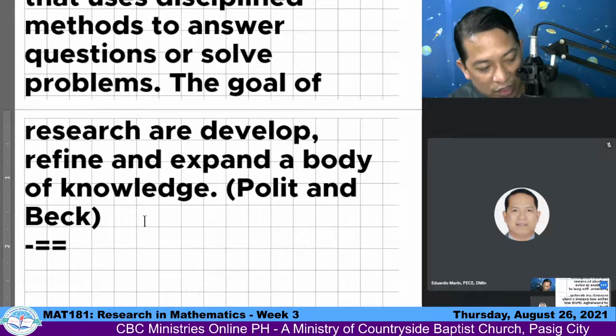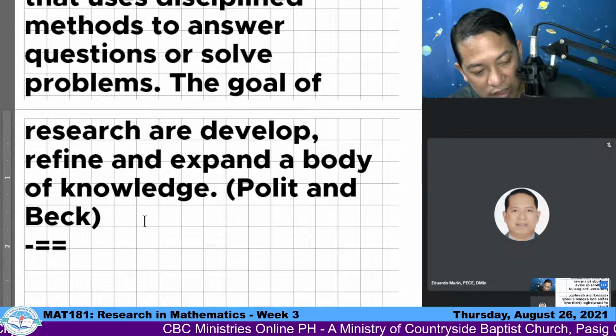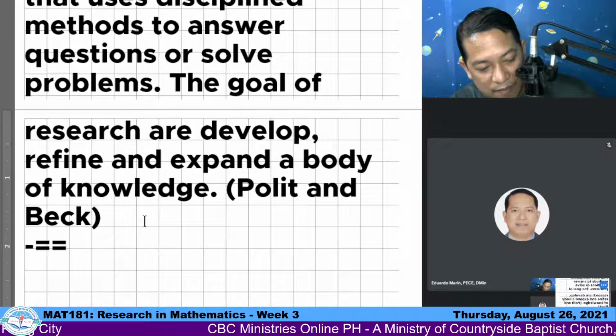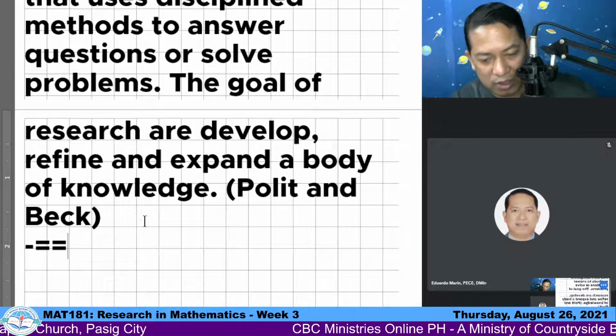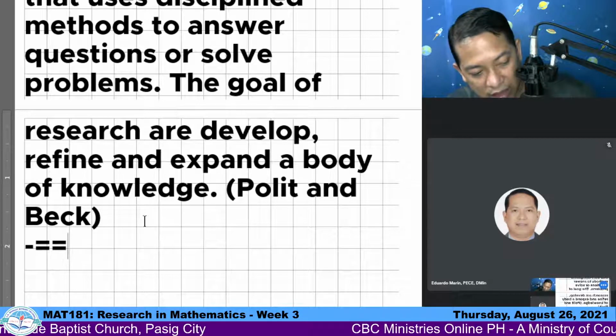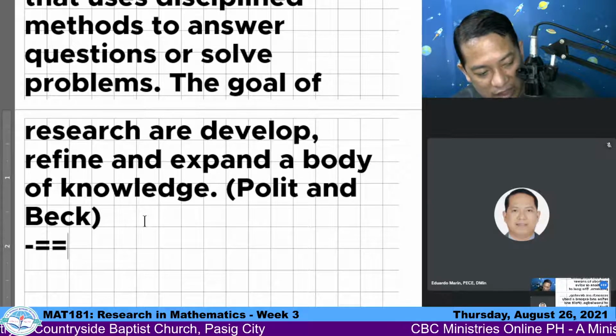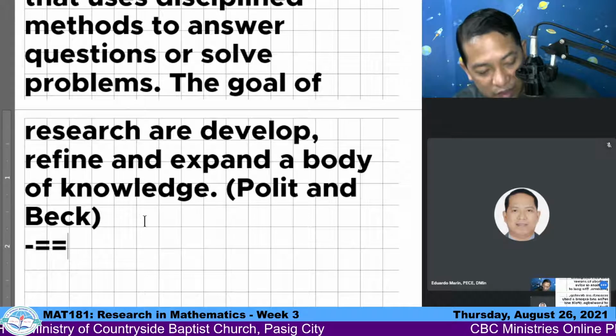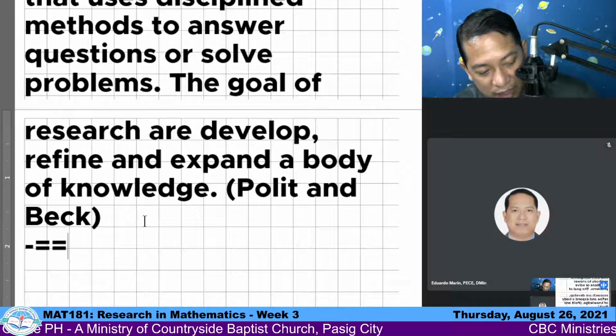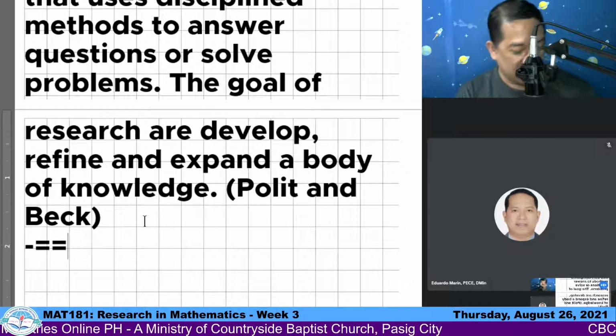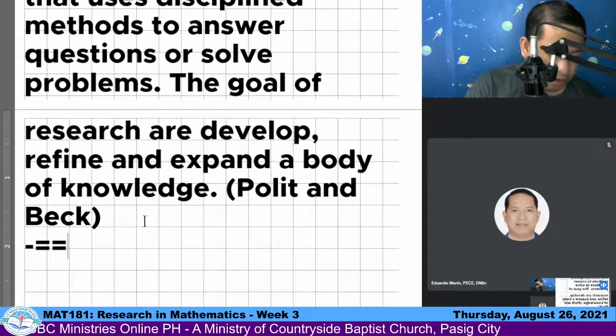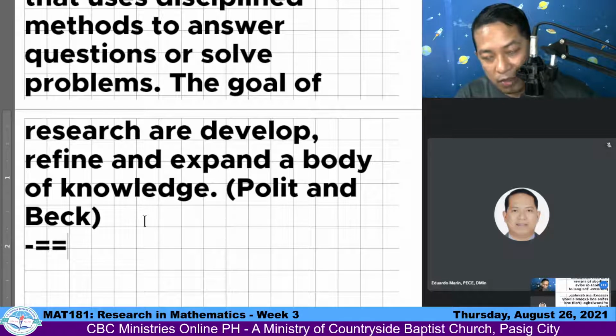Another definition, research as a systematic investigation in order to answer questions. I think this is similar. According to Sanchez, research is a discovery. So there must be a discovery and exploration of the unknown.